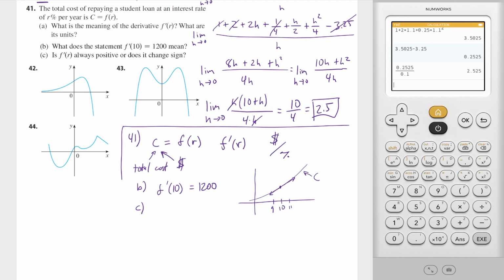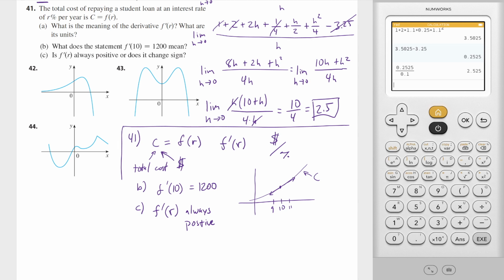So f prime of r is always positive. The cost function is an increasing function, and therefore the derivative of the cost function is always positive.